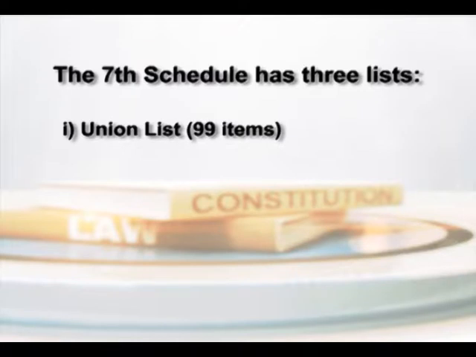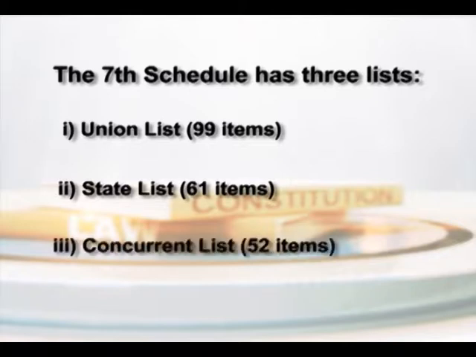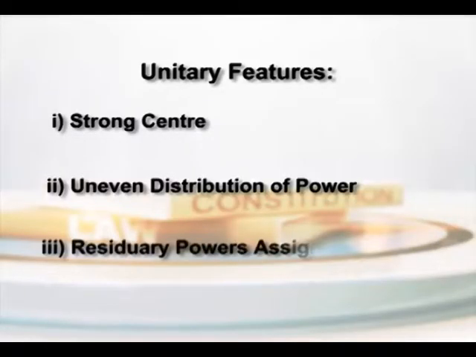The Union list contains 99 items like foreign affairs, defense, armed forces, etc. The State list contains 61 items, such as public order, police, etc. And the Concurrent list contains 52 items, including civil and criminal procedure, divorce, marriage, etc. Other unitary features: residuary powers remain in the hands of the center, making the center a very dominant entity.